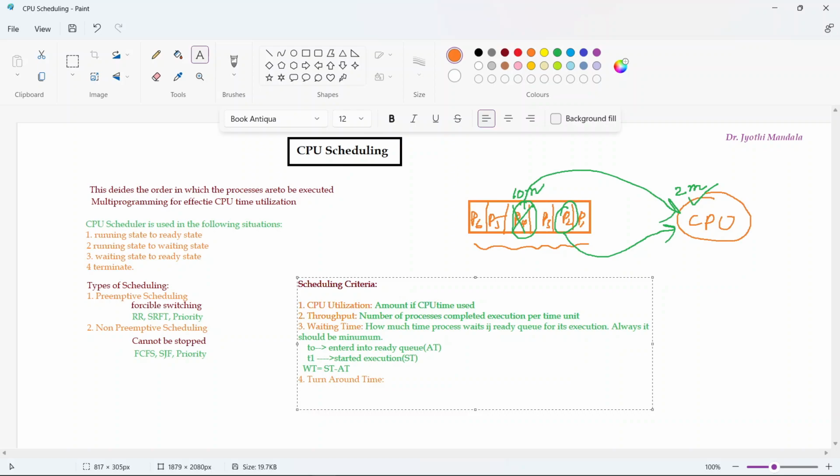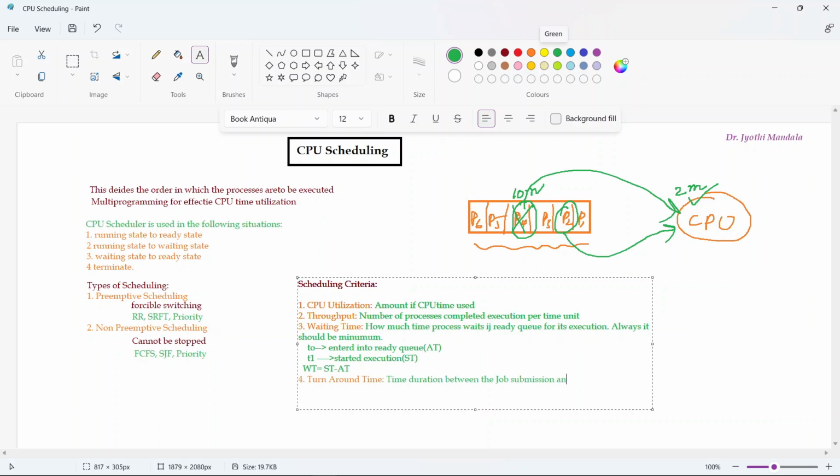Just note down: turnaround time is nothing but the time duration between the job submission and its completion. Job submission means it has arrived into the ready queue.